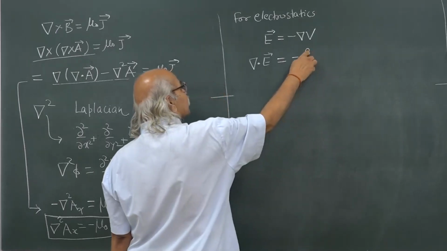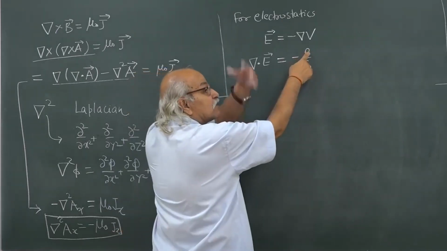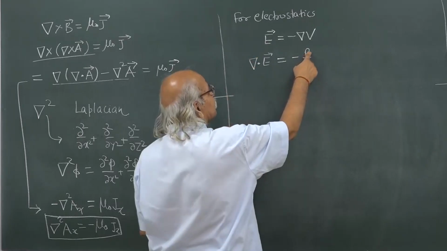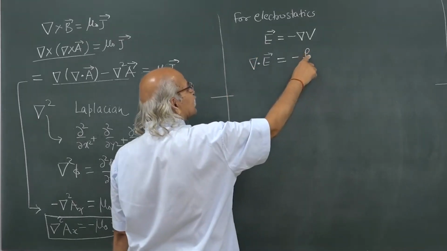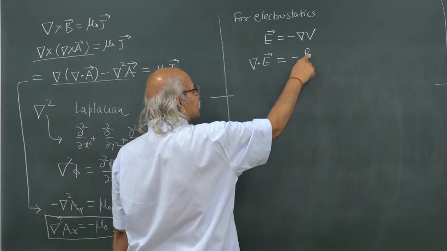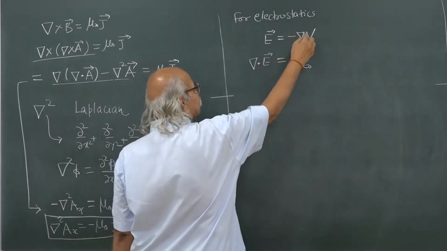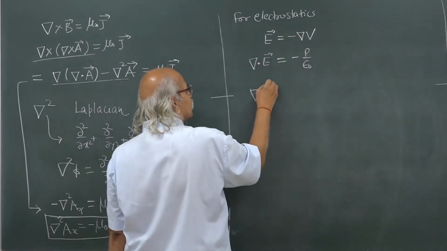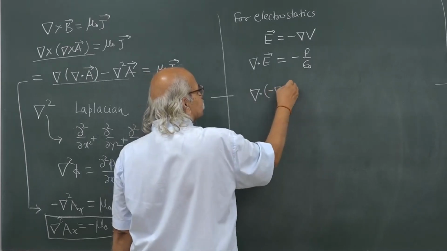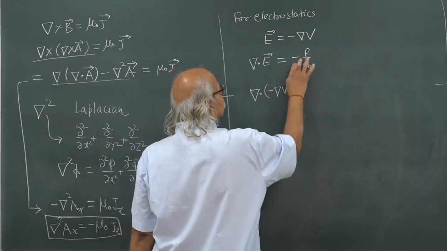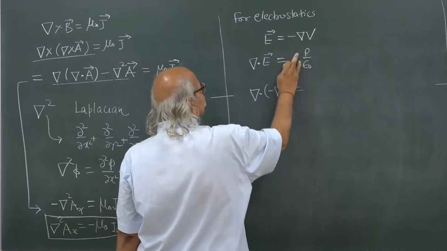Rho is itself a function of space point. You have charge distribution. So, at different points you have different charge density. So, this is a scalar function of a space point, and for this E, if you write here minus gradient V, divergence of E is rho over epsilon naught.